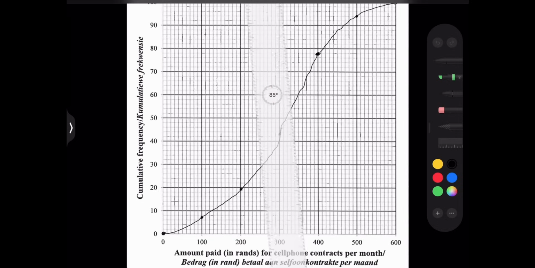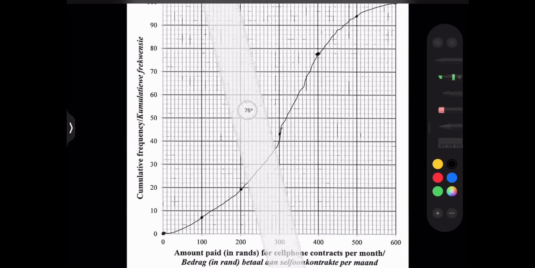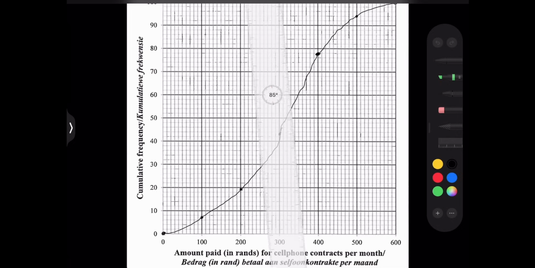So they wanted to know how many people would pay over 420. So when I look at 420 on the graph, that's around about 79. Yeah, let's just estimate it at 79. So it means from 79 going up, they would have paid more than 420.